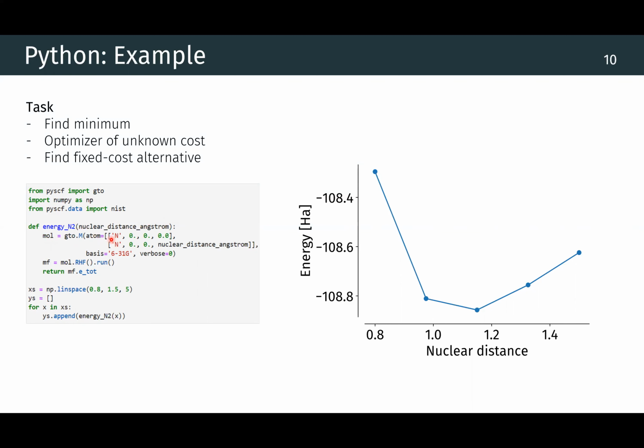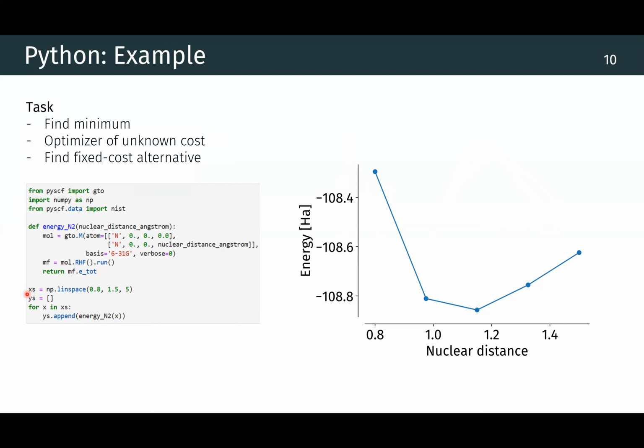So again, this is the molecule definition of 1 nitrogen in the origin and 1 nitrogen displaced at a certain distance along the z-axis. And again, we have to specify what kind of calculation we'd like to do. That's why we have the basis set over here and our computational QM method. And what this function returns is just the energy. So it creates the molecule, it runs the calculation, and it returns the energy.